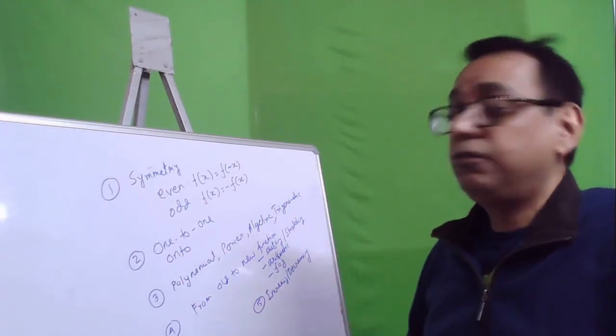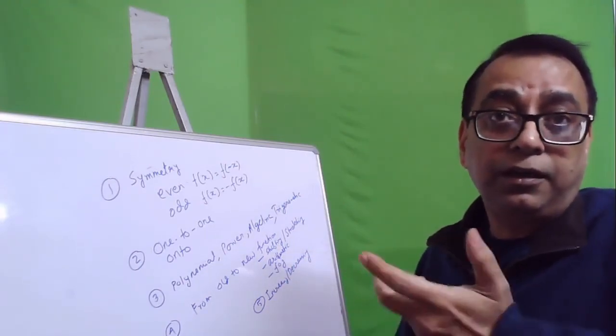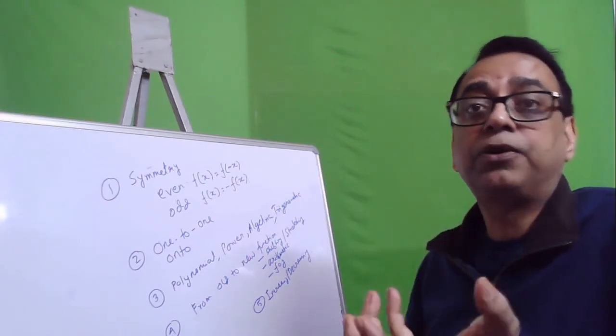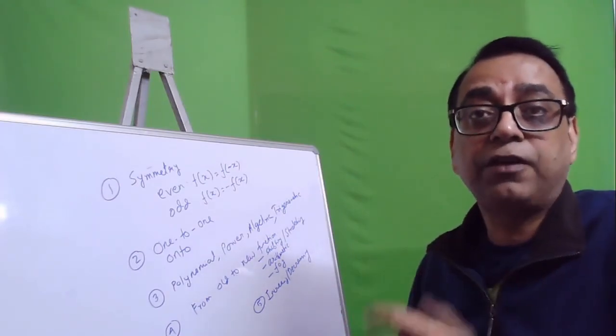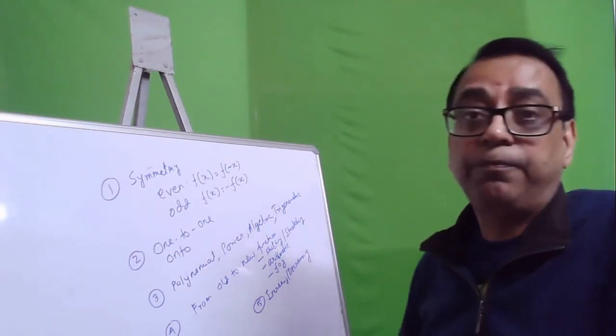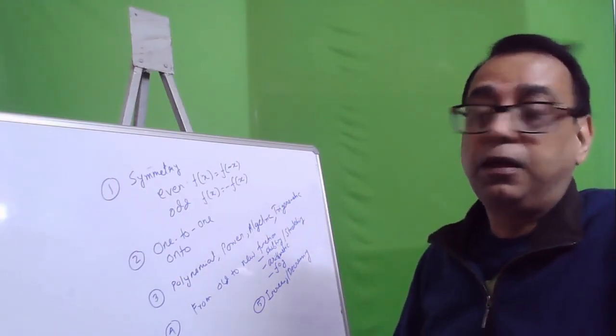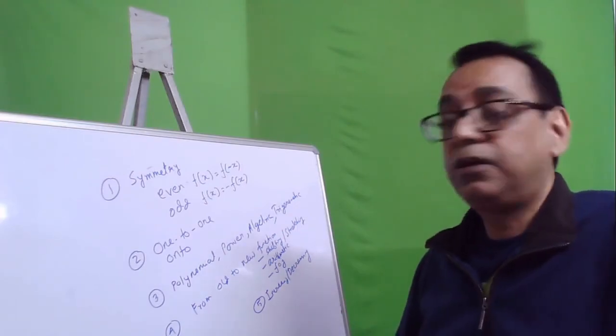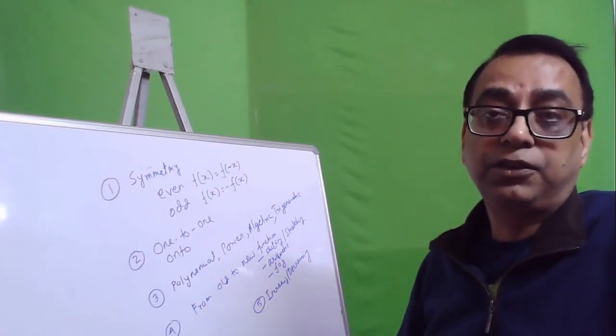And then we also discussed how we can get a new function by arithmetic operations from two functions f(x) and g(x). And a special case we discussed was f circle g. And lastly we discussed increasing and decreasing functions.